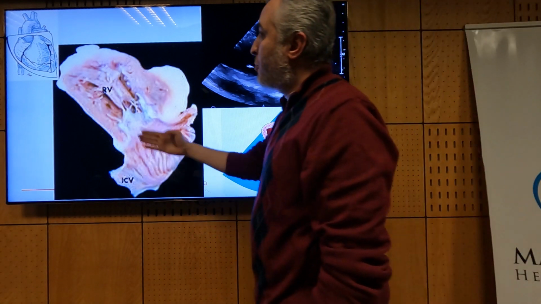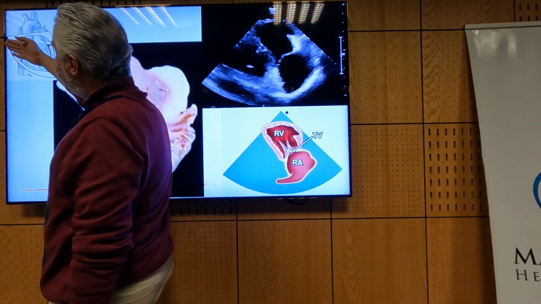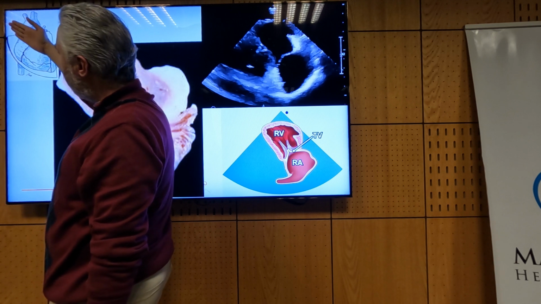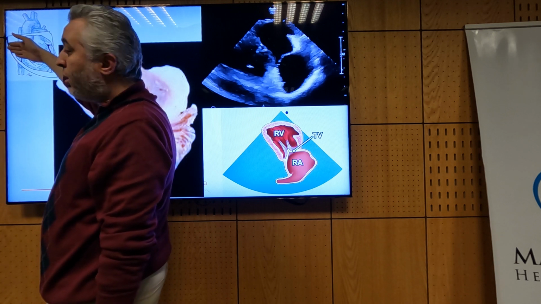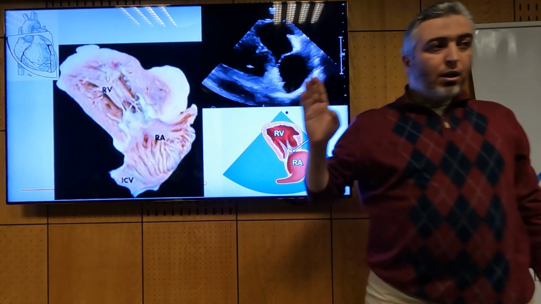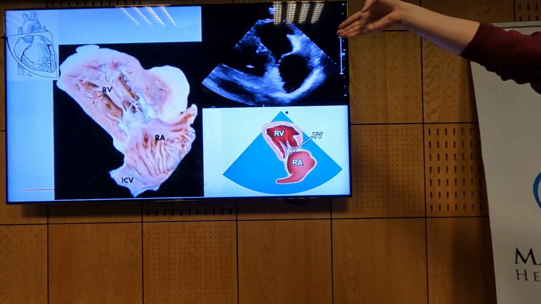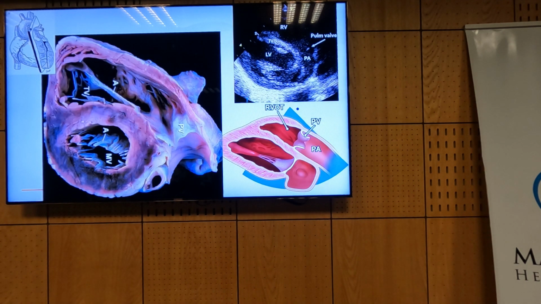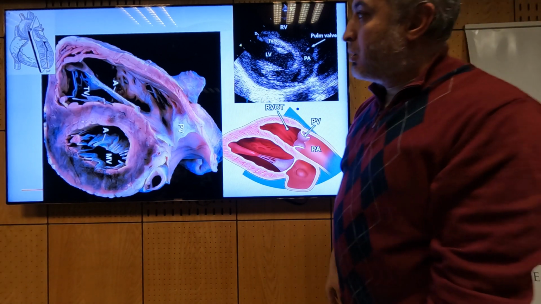On the other hand, if you flip your cut at the axis of the RV outflow, so this is cutting the RV inflow. If you move that into RV outflow, where you go from RV body across the RVOT towards the pulmonary valve, you get this. So this is RV outflow view.